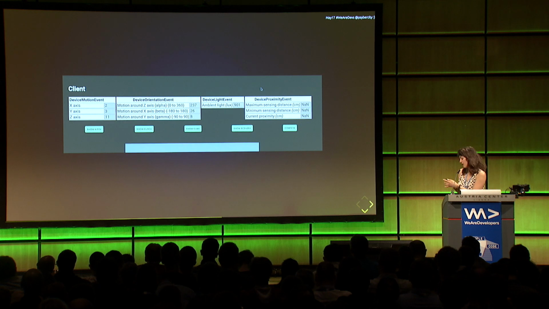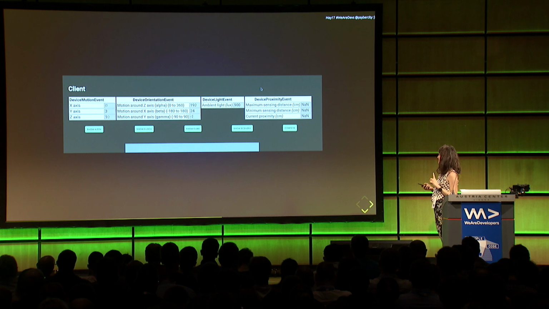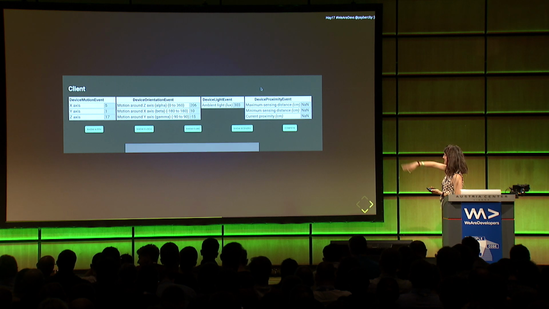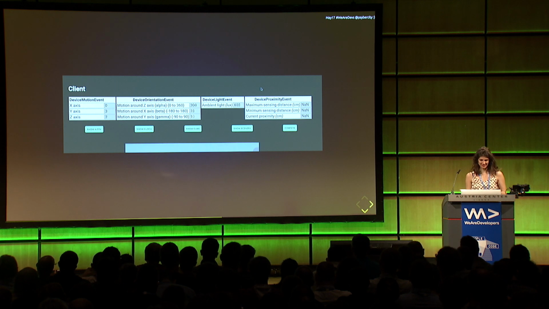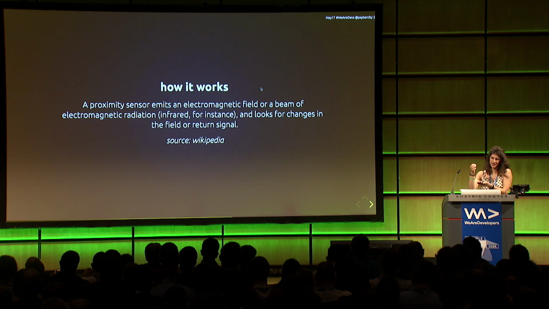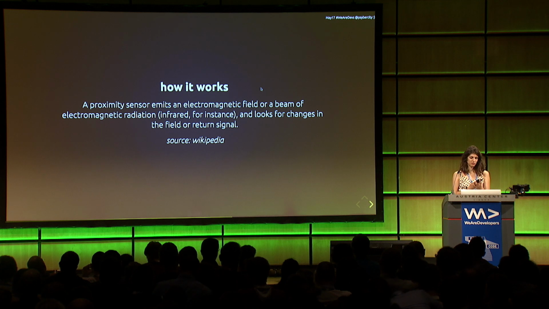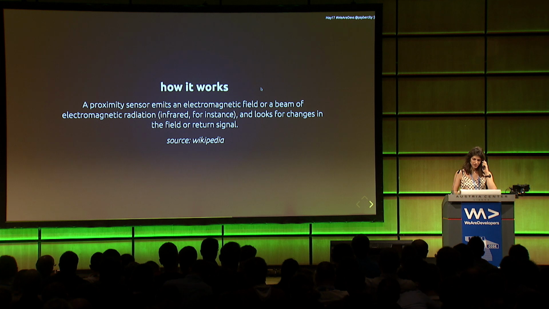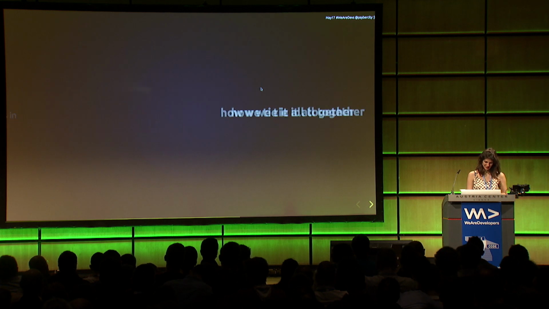Unfortunately, my phone does not support it, but I think iPhone supports it. We're going to test it later. It's the last column there. It basically emits an infrared light and looks for changes in the return signal. Some phones use this to detect when you have your phone at your ear, or some others, like mine, maybe use the light detector.